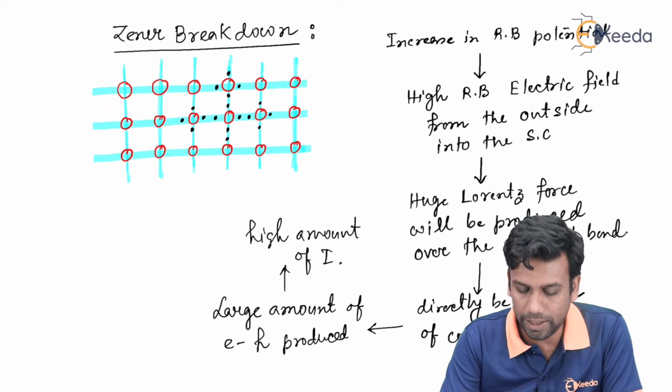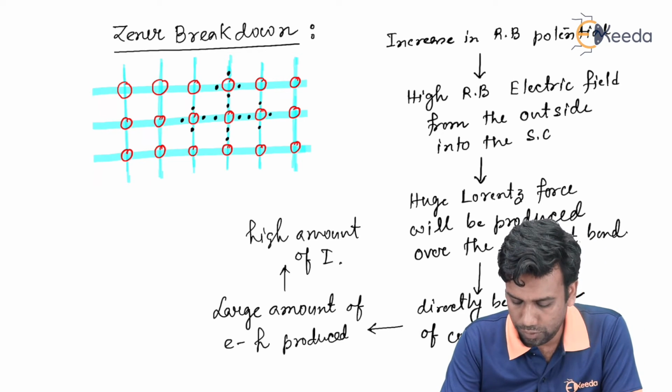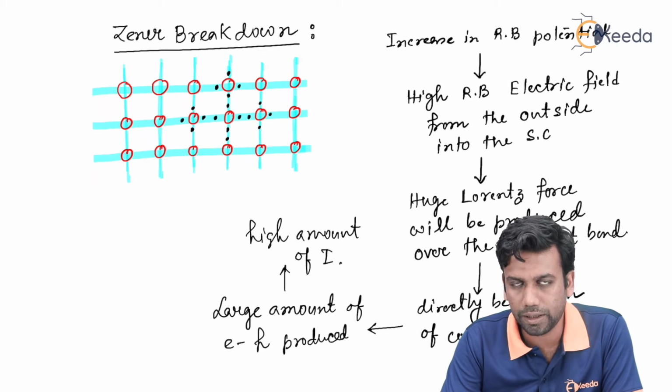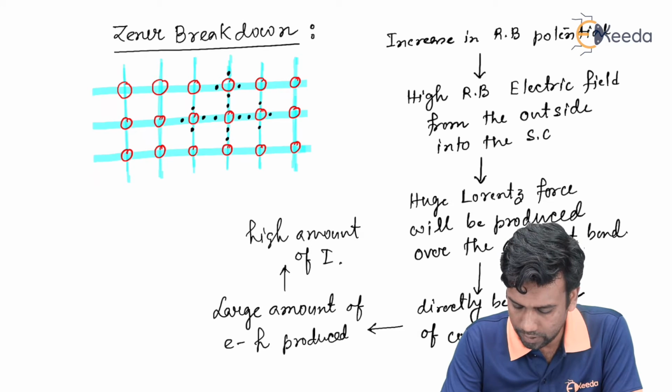So, that is why at the breakdown we get a huge amount of current due to this Zener breakdown.